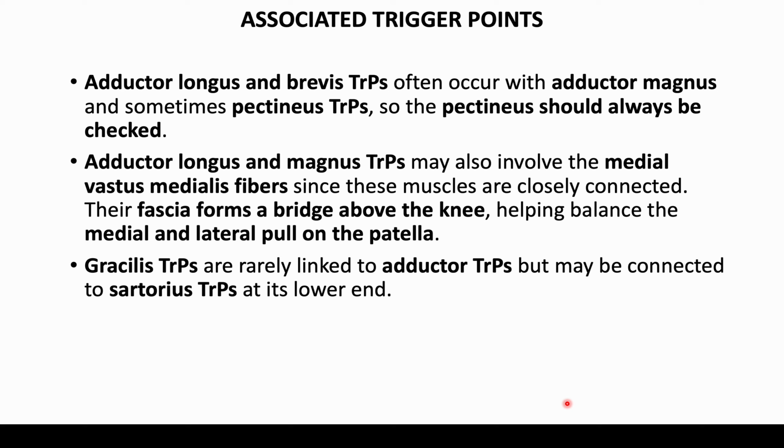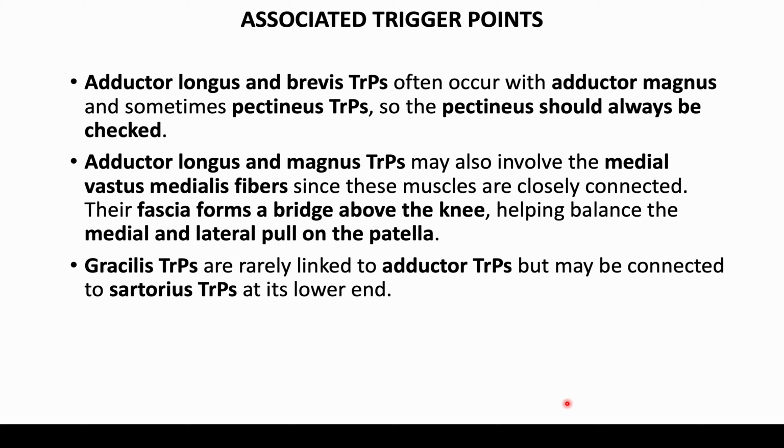Since these muscles are closely connected, their fascia forms a bridge above the knee, helping balance medial and lateral pull on the patella. So this is where you always have to look at how the abductors versus adductors are doing in someone, and having that balance is very, very important. If either one is doing too much, you're going to start getting issues.